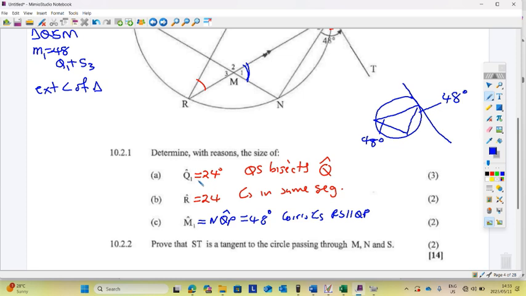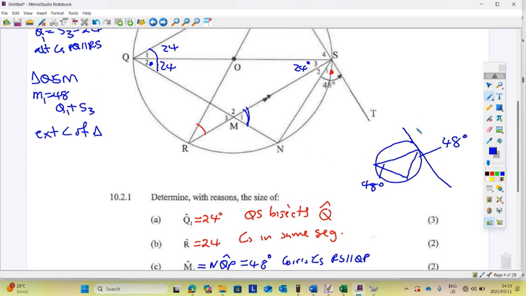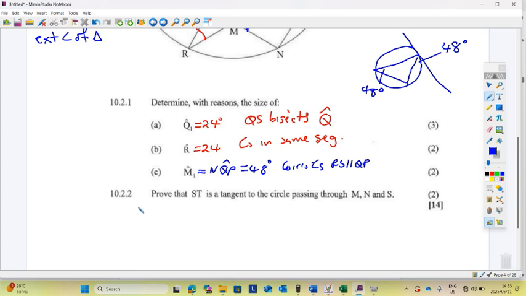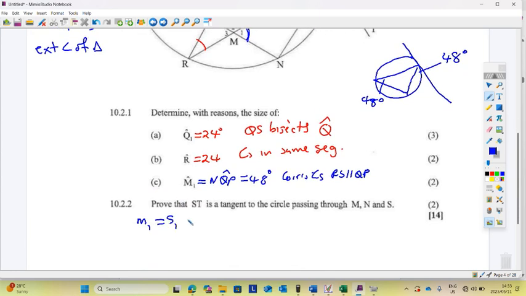So which theorem do you see there? This angle here being equal to that angle. That is, if the circle MNS here has a tangent ST, these two angles are equal. So we are saying here M1 is equal to S1, and that is equal to 48 degrees.